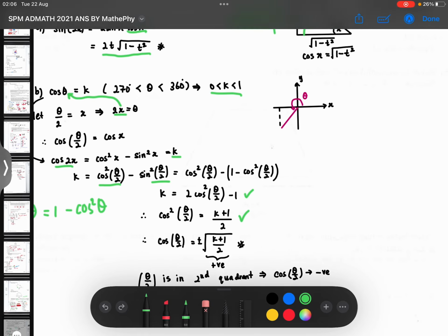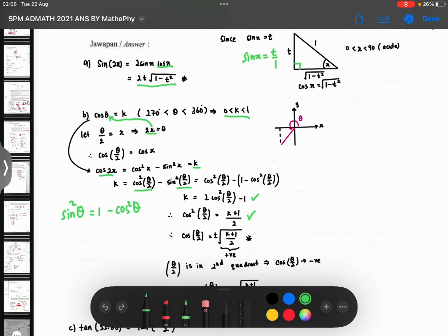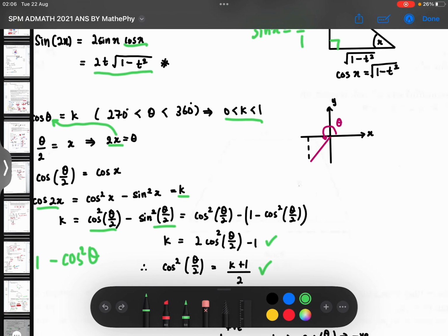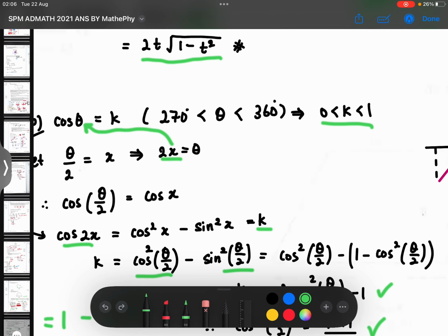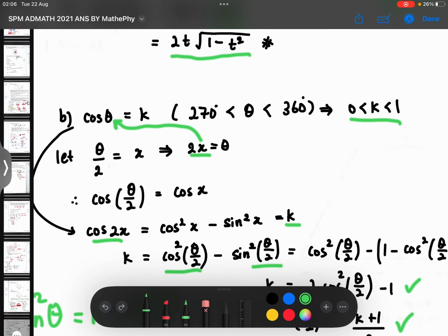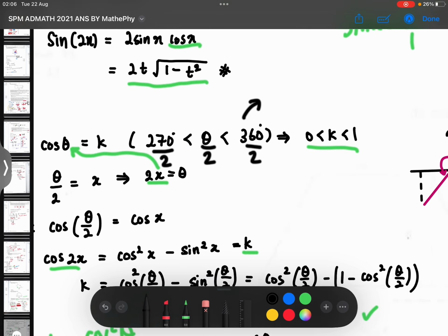But you need to know that because we need to consider the half angle theta over 2, you can divide both sides by 2. So 270 divided by 2 is 135, theta over 2. Is it?